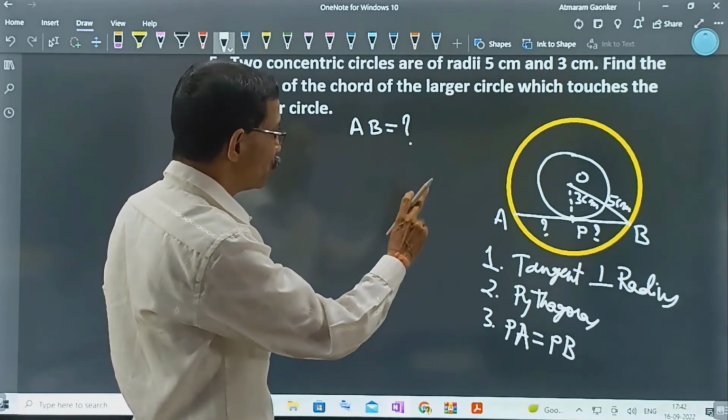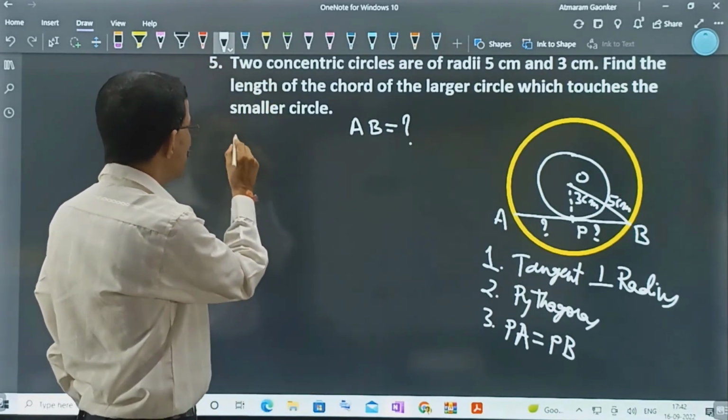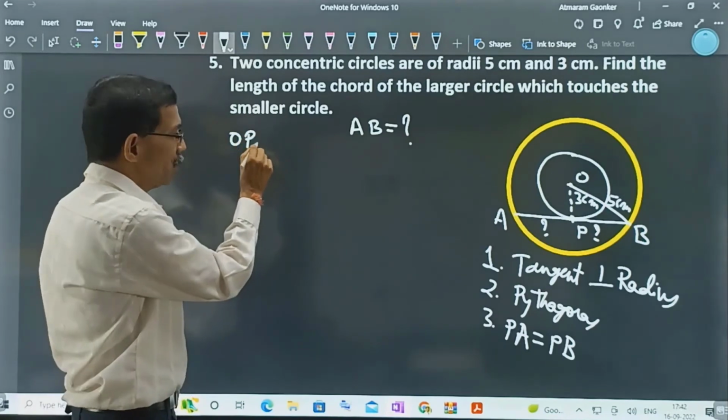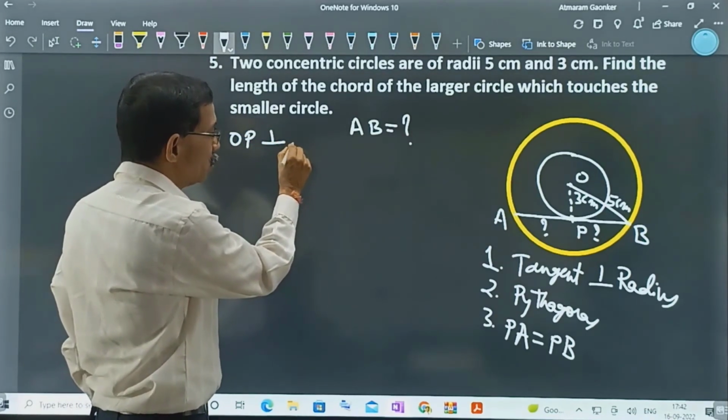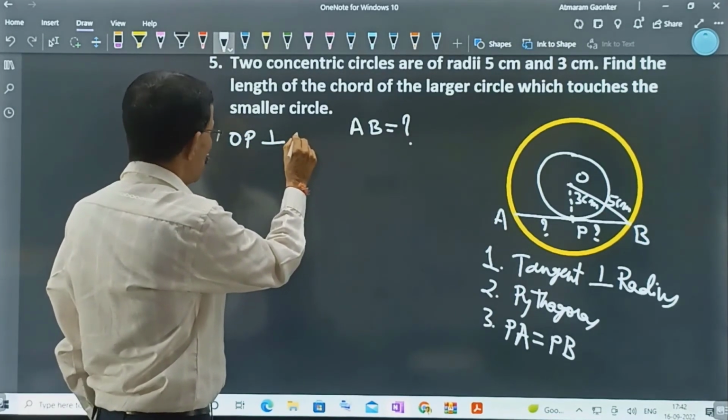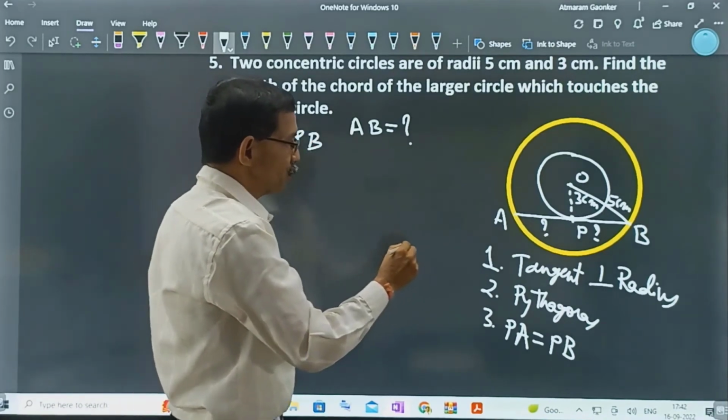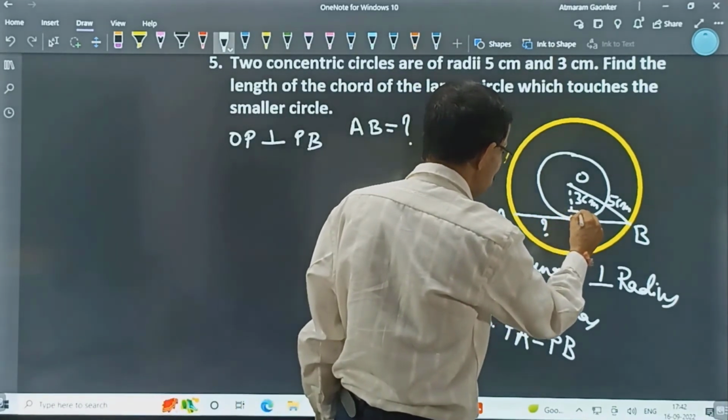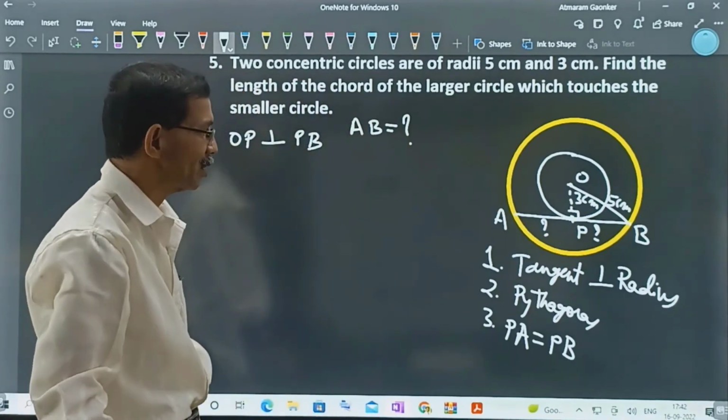So first I will say that OP is perpendicular to PB, because tangent and the radius, they are perpendicular.